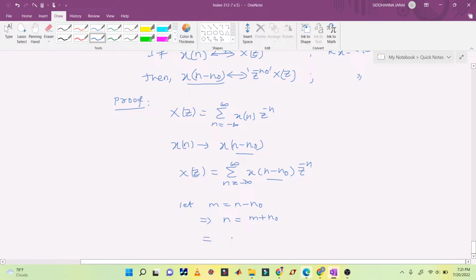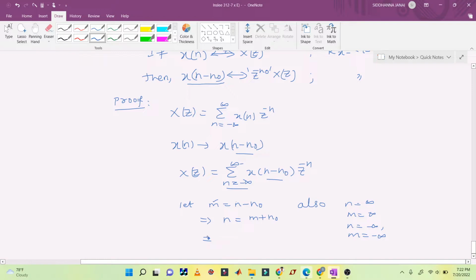So how can we represent this? And also here we have limits, n is equal to minus infinity to plus infinity. So n is equal to infinity means what happens to m? m is also infinity. If n is equal to minus infinity, m is also minus infinity, because if you substitute infinity here or minus infinity, the same value will be for m also.